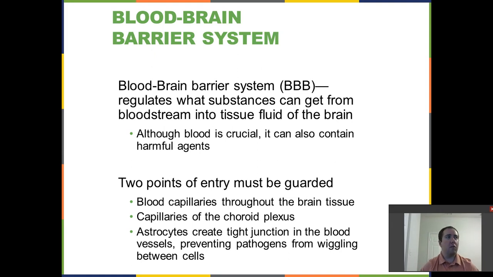If you just make a drug without thinking about the blood-brain barrier, most likely it is not going to get into the brain. That is one of the reasons why brain cancer has so few treatment options. Because most of our chemotherapy treatments can't get into the brain. There are very few of them that can.